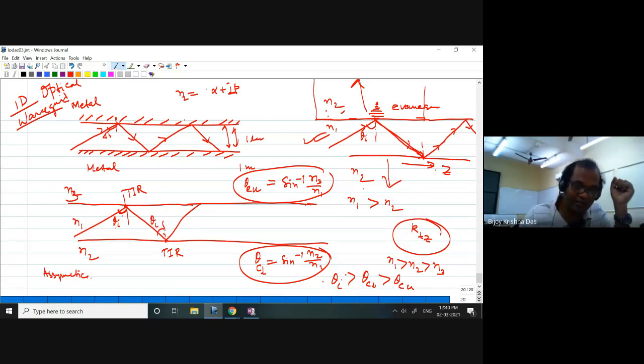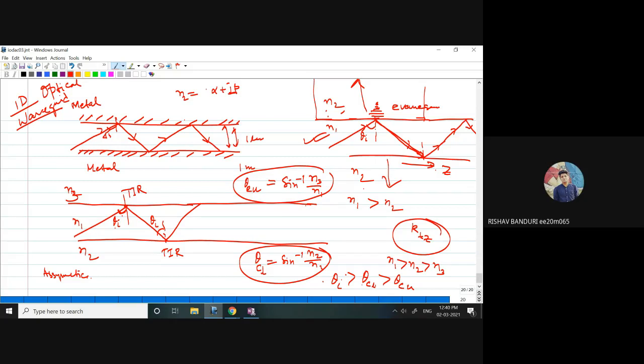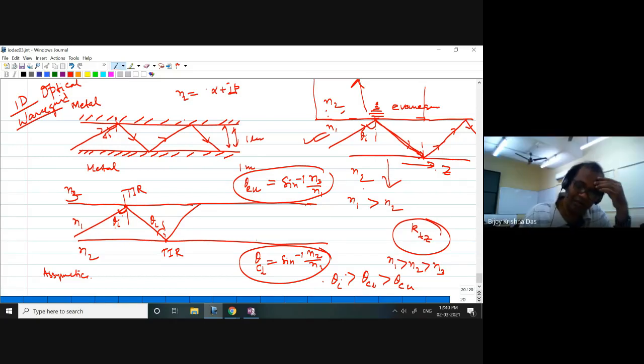If theta I is greater than theta CL, then both total internal reflections take place here. And if it is greater than theta CL, it is obviously greater than theta CU. So if I set an angle theta I, I can get total internal reflection here and total internal reflection here.